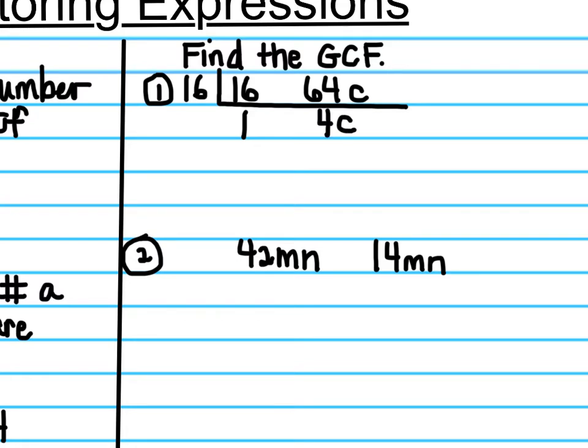Now you look at these two, 1 and 4C, and they don't have any GCF other than 1. So when you're done dividing out any other factors, you're done with this method, and your GCF is the numbers in this column, which for this problem is only one number, 16. So we write here the GCF equals 16.